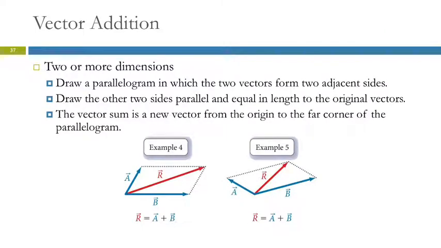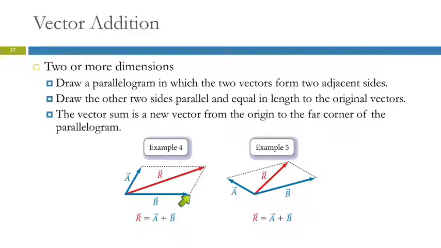A little more tricky when you get into 2 dimensions. So the way you do this, here in example 4, we've got vector A and vector B. To add those, you're going to draw a parallelogram. So from the end of A, you're going to draw a line that's parallel with the other vector.